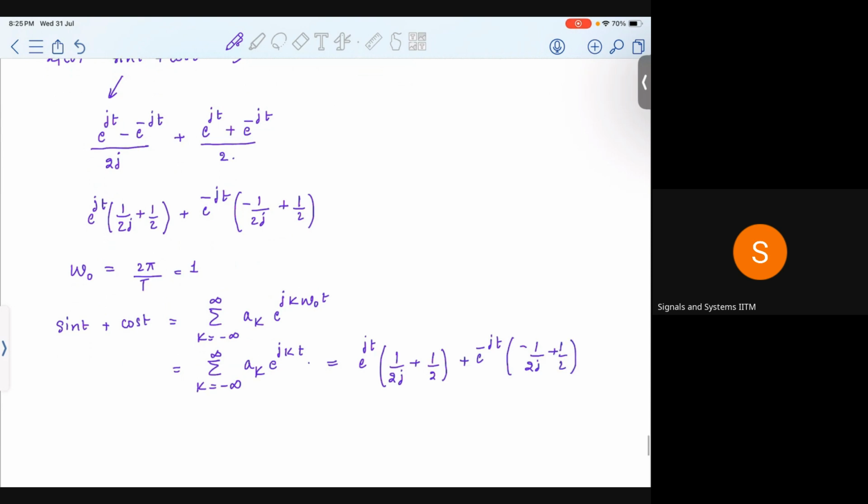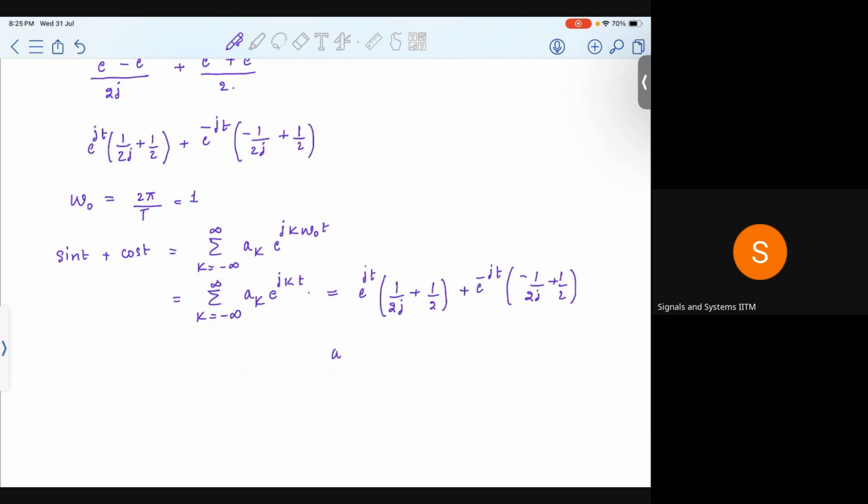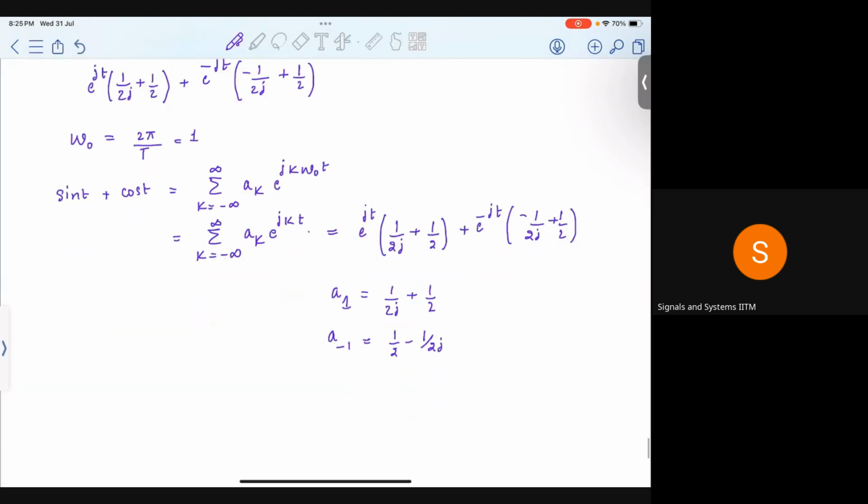Once we have this, you can say that your Fourier coefficients a1 is 1 by 2j plus 1 by 2, a minus 1 is 1 by 2 minus 1 by 2j, and a k is 0 for all k not equal to 1 or minus 1.